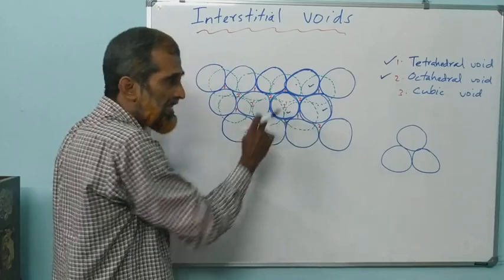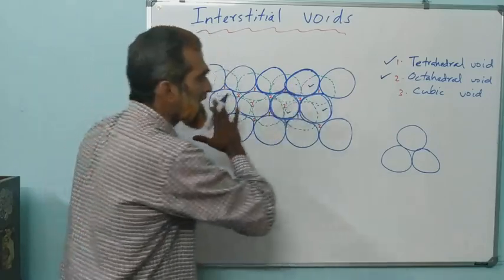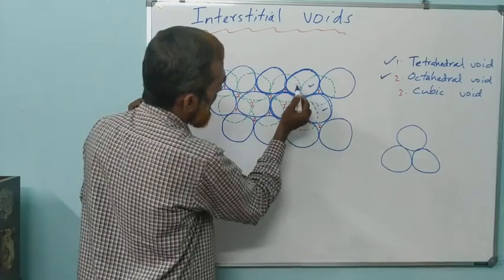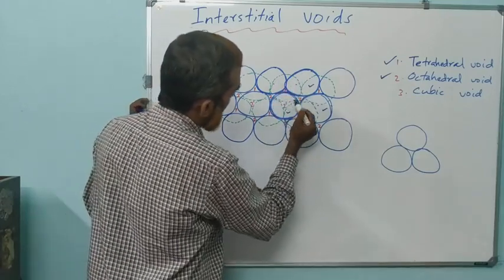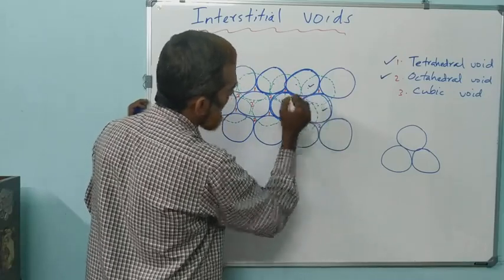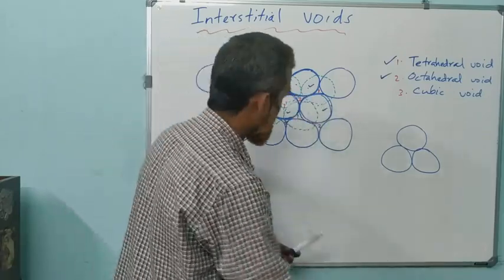Then touching these three spheres in the second layer, the green spheres, you can see another 3. See, the green spheres 1, 2 and 3, which are touching these three blue spheres. So that comes like this.